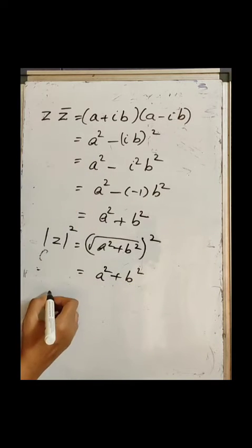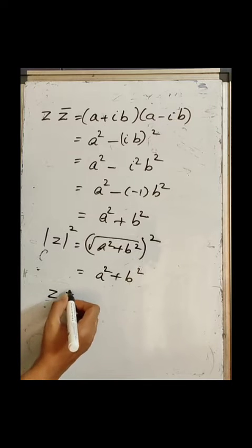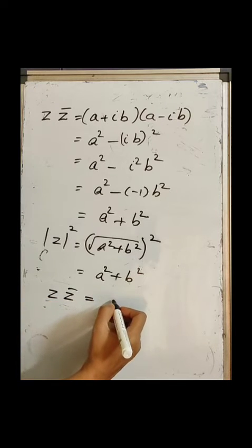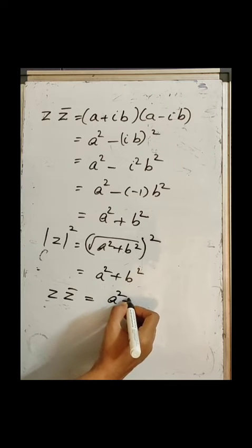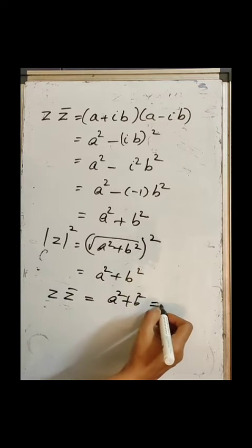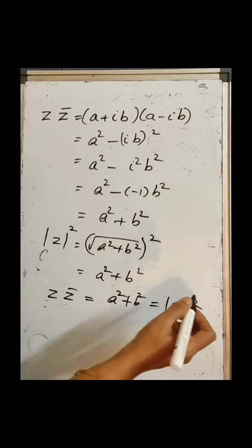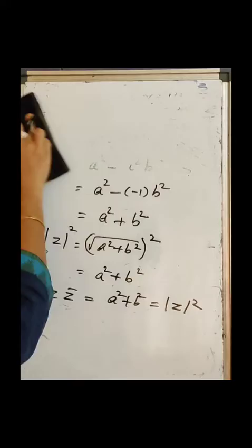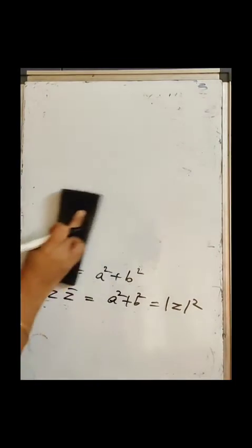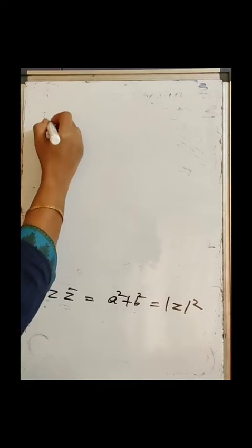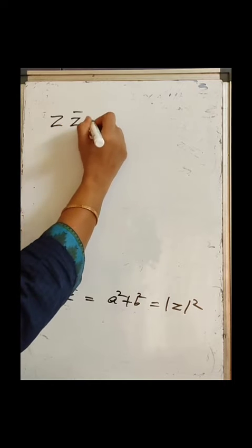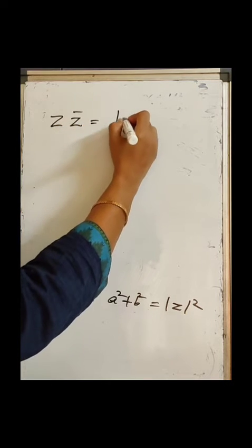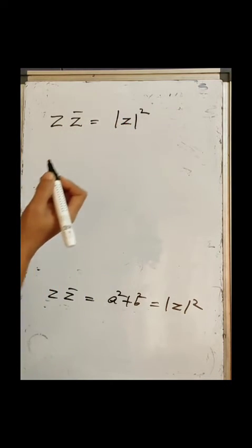From these two you will get z into z bar is equal to a square plus b square, that is equal to mod z square. So you will get the relation: z into z bar is equal to mod z square.